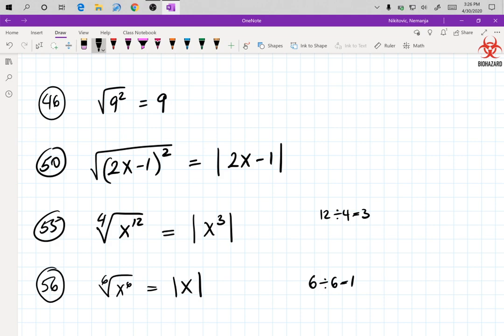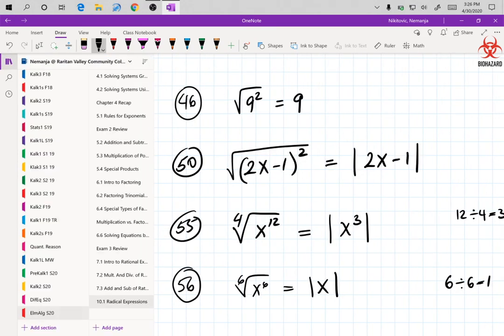Exam 4 will only have these 4 sections that we covered, which are chapters 7 and 10. So I believe it's only 4 sections, right? Yep, 7.1, 7.2, 7.3, and 10.